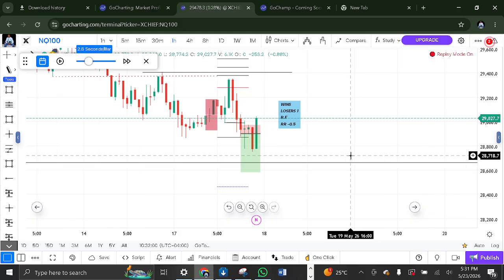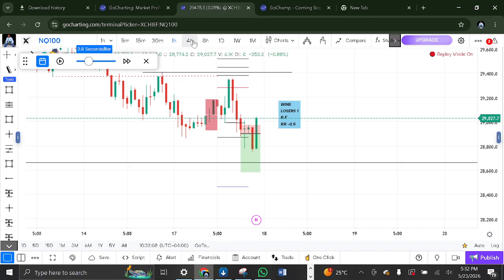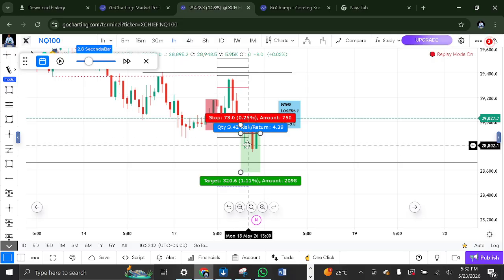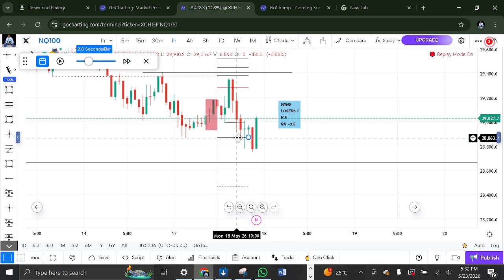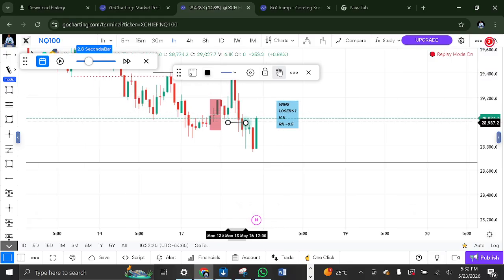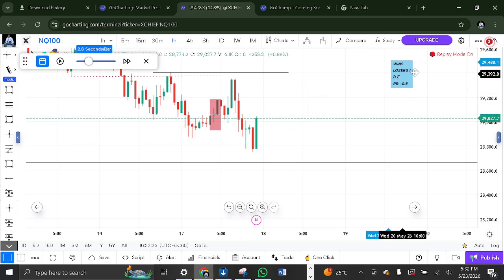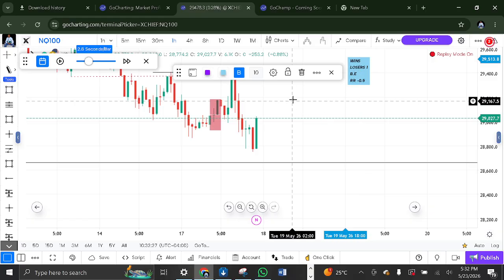For now, what you can see is it was a loser. The market has pulled back into this range, and now we'll wait until maybe tomorrow again to see what happened. So I'll get rid of all this. We have a clean chart, but our statistics should always stay around there.